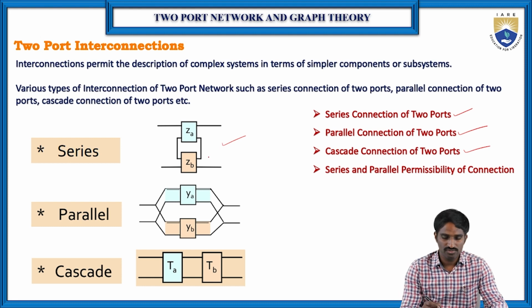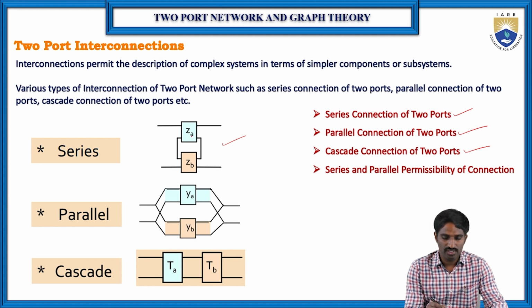Here the second connection of port 1 is connected to the first connection of port 1, and similarly the second connection of port 2 is connected to the first connection of port 2. In this way, this is the series connection.